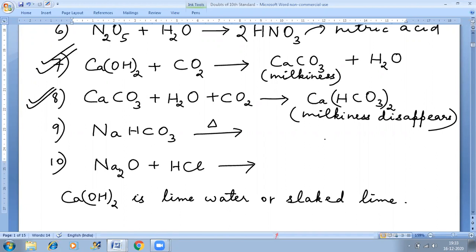Why clear or transparent? Because milkiness disappears. Why does milkiness disappear? Due to the formation of Ca(HCO3)2.